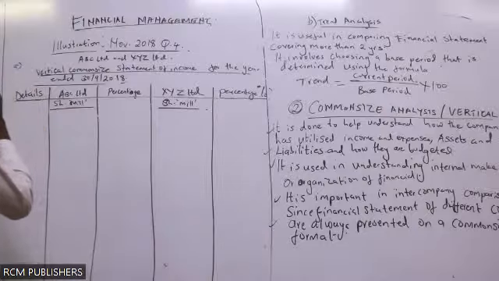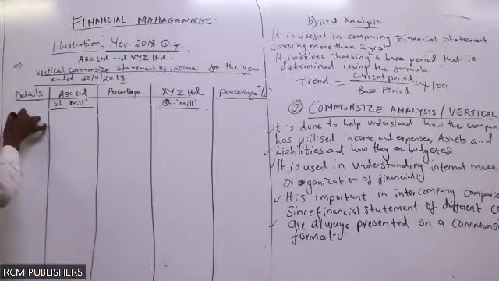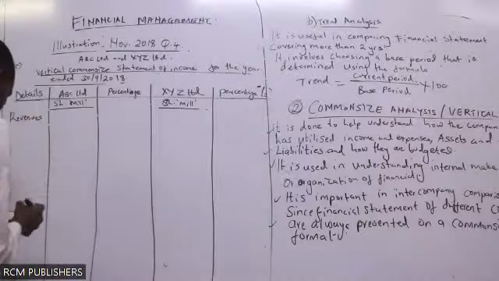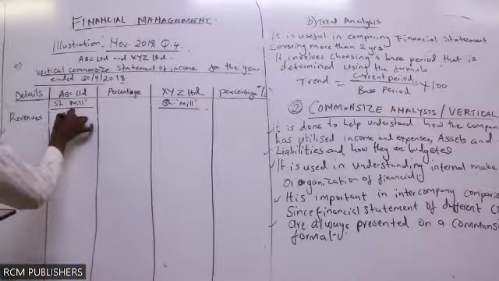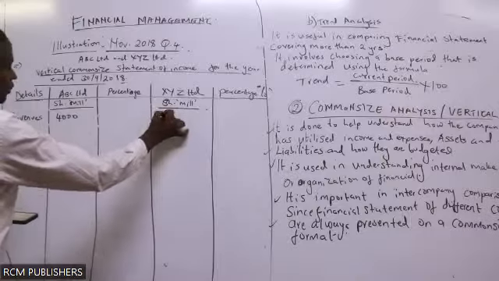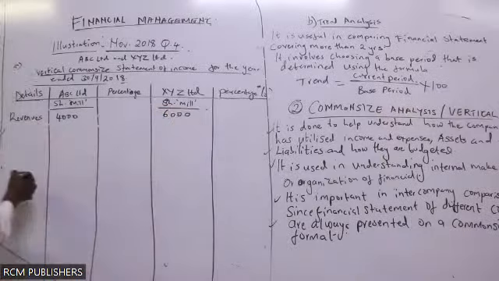Once you do that, you can now start with your revenue. Revenues, of course, for both companies. We have 4,000. We have 6,000.